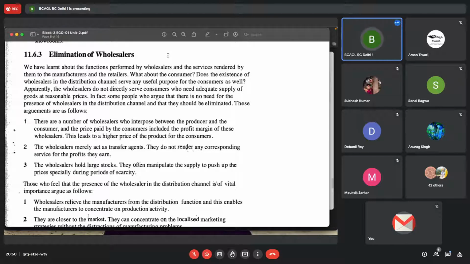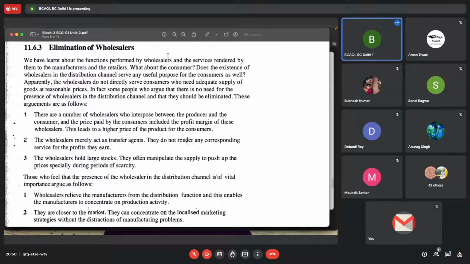Having wholesalers facilitates in the sense that you get credit, money, or information. There are positives, but there are a lot of negatives as well. The negative is that when these middlemen get involved, the benefit that you could provide to the customers gets diluted.